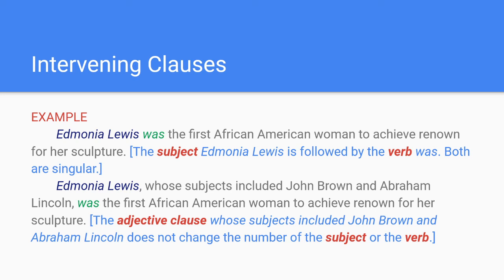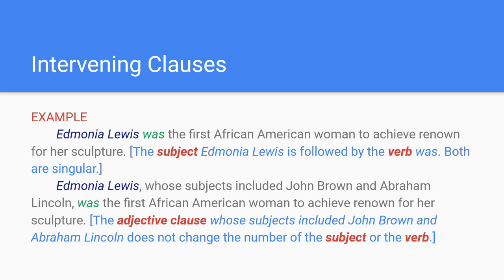Now you may remember an adjective clause is going to sit in between commas, and in this case it's providing us with some extra information. It is a non-essential clause. Non-essential clauses are subordinate clauses. Subordinate clauses, like independent clauses, have their own subject and verb. In that clause, we have the verb included, and we have the subject, subjects.